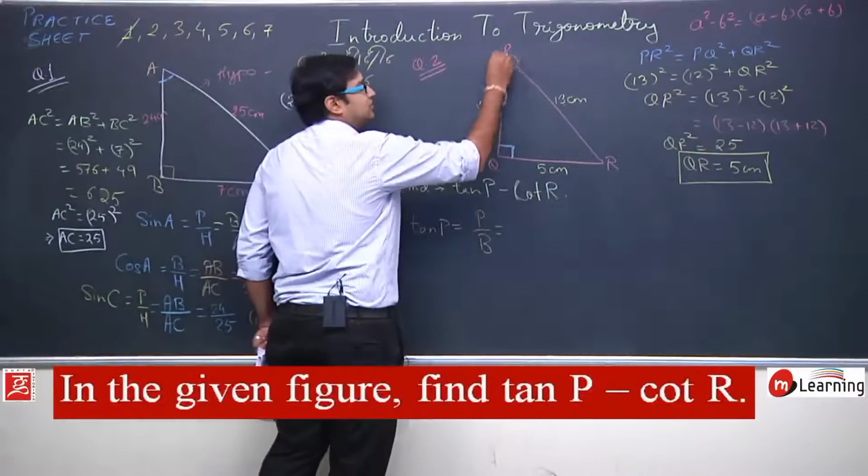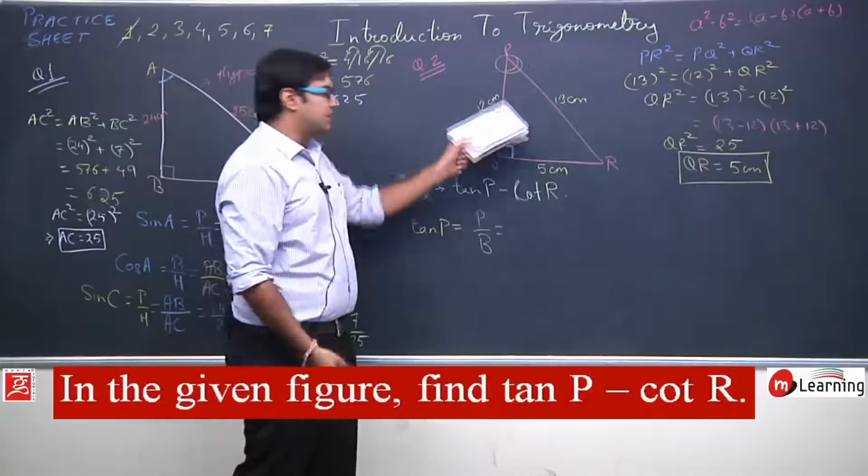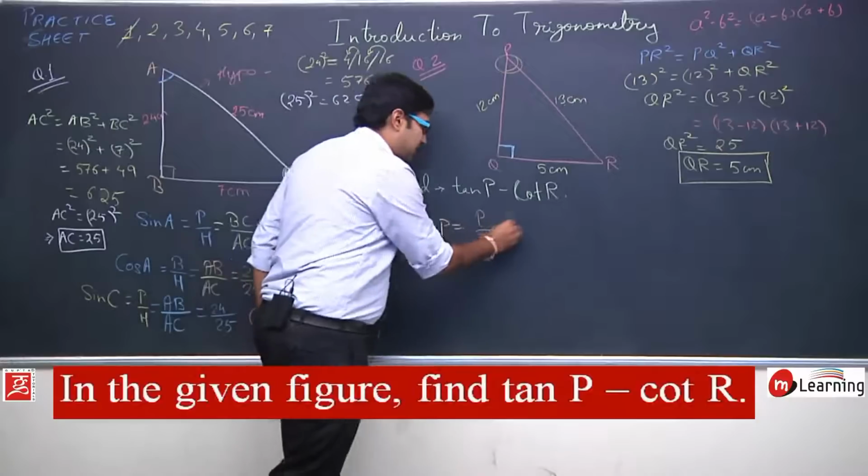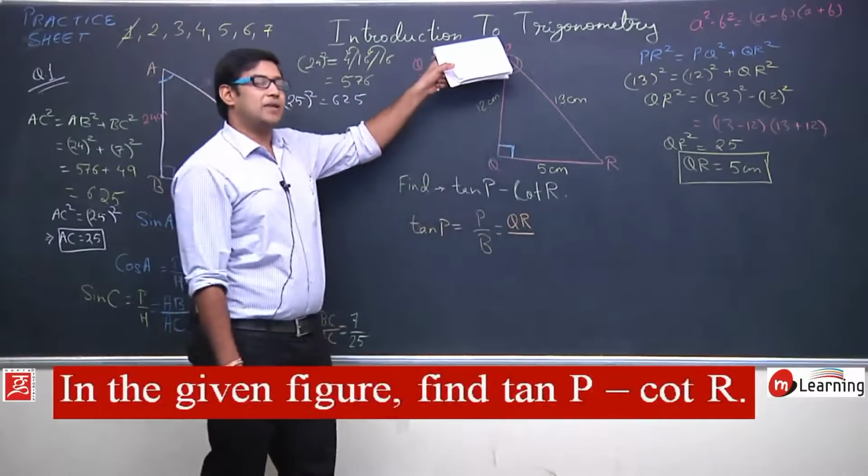Now with respect to this P angle, what is the perpendicular? The side opposite to this P is QR. So QR is the perpendicular. Upon base, the side with this angle P is PQ.